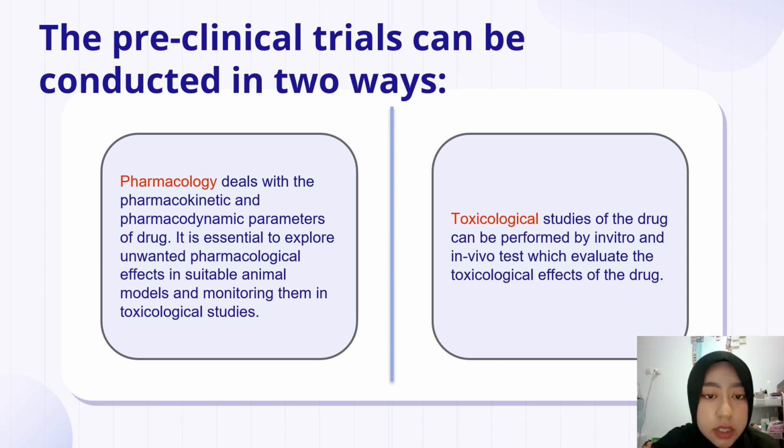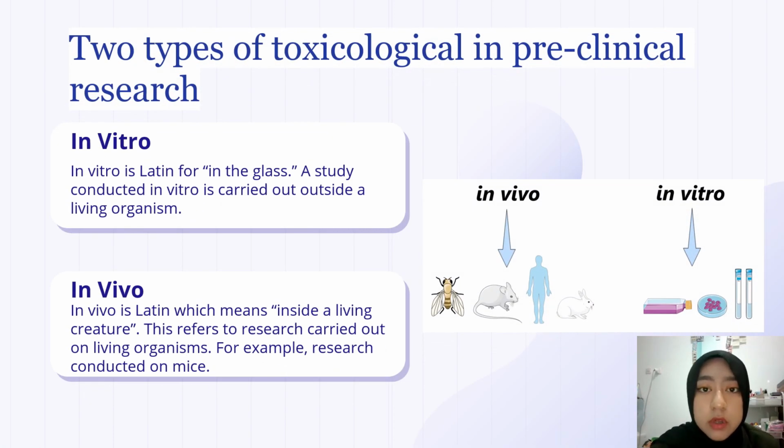It is essential to explore unwanted pharmacological effects in suitable animal models and monitor them in toxicological studies. Toxicological studies of the drug can be performed by in vitro and in vivo tests, which evaluate the toxicological effect of the drug. The 2 types of toxicological studies in preclinical research are in vitro and in vivo.